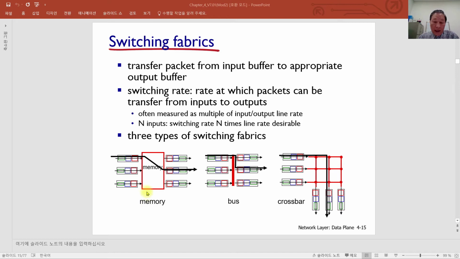And there are 3 different kinds of architecture in terms of the switching fabric. One is memory, the simplest one, and another one is bus architecture, like our computer bus.